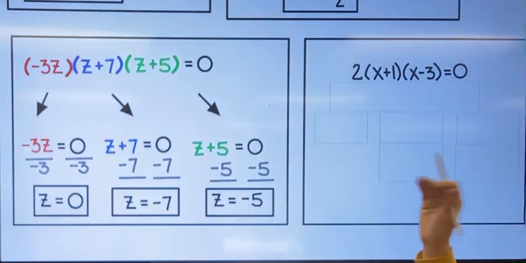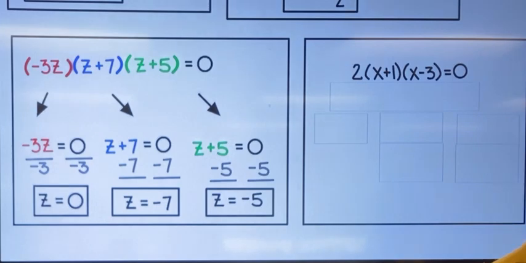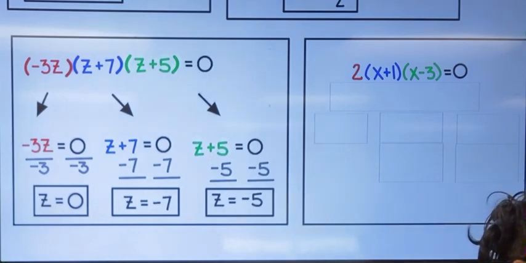Okay, so this last one, I added this one in because the first of the pieces being multiplied together doesn't have a variable. I have 2 multiplied by x plus 1 multiplied by x minus 3. If you just go with process, and sometimes we get caught up in that, we're like, okay, things are multiplied together equal to 0.